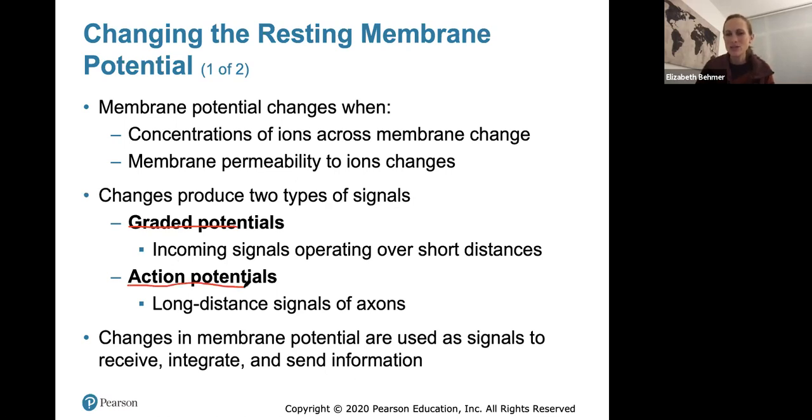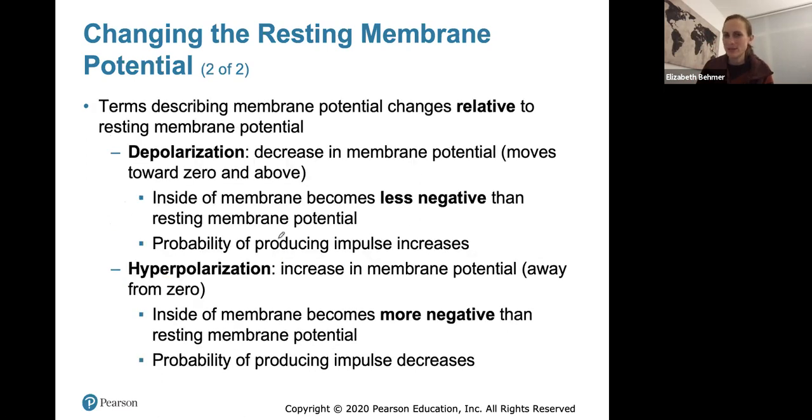A graded potential is an incoming signal in a neuron that operates over a very short distance. And the action potential is the long distance signal, the one that travels the length of the axon. We're going to focus on action potentials in this chapter, so I'm going to skip over the graded potentials. These following terms you should know well.